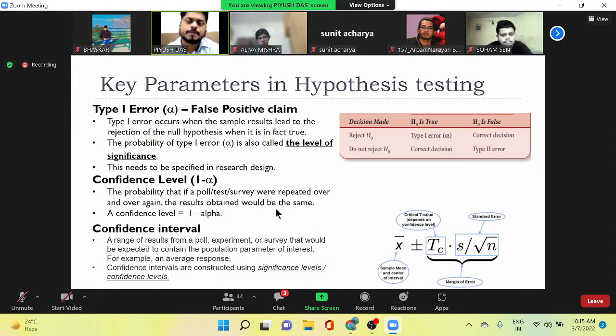So there can be multiple errors, but I'm saying that all the errors combined are limited to 5%, right? Which will give rise to something called a false positive, that actually was not true, but I say that it is true, right?